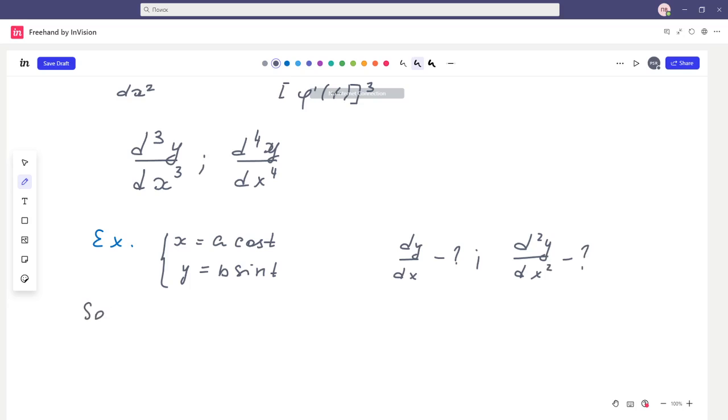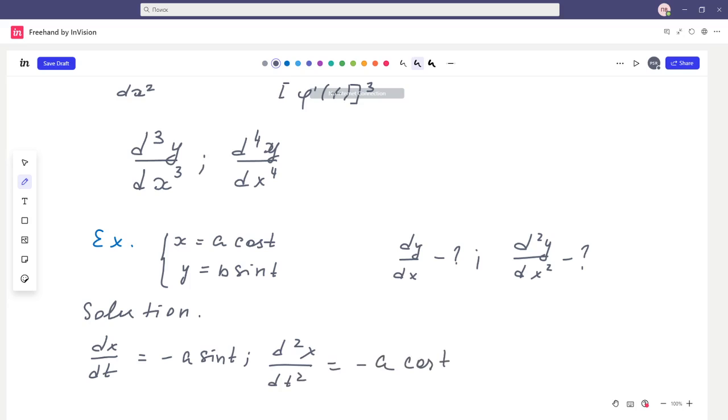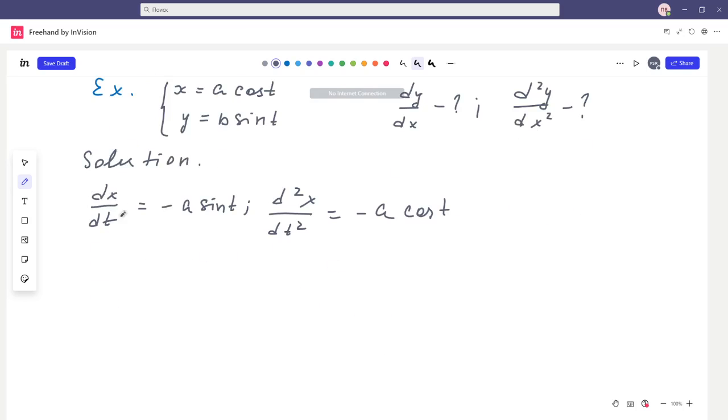Solution. Dx over dt equals minus a sine of t. The second derivative of x with respect to t is minus a times cosine of t. The first derivative of y with respect to t is b times cosine of t.